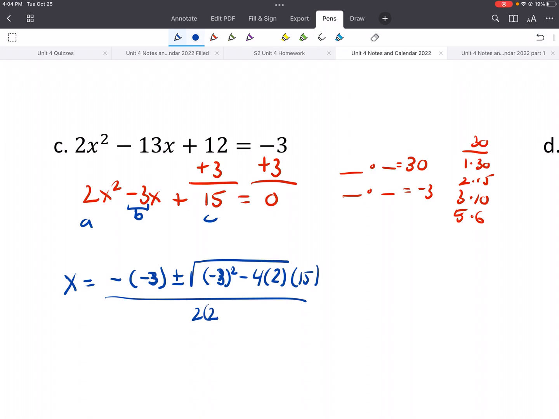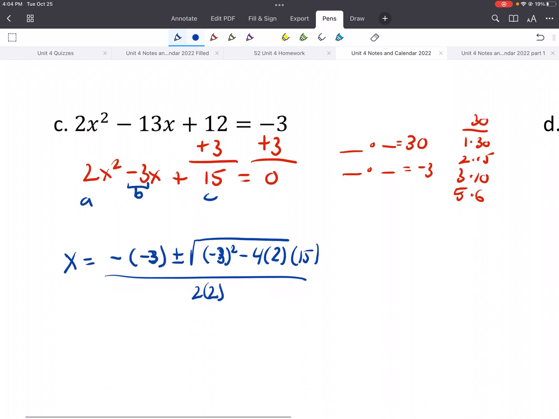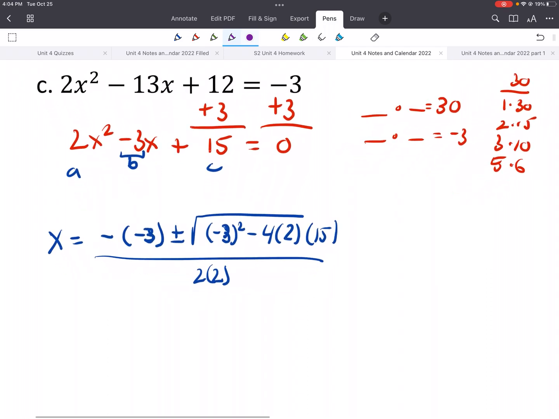A is 2. Okay, nice thing is if you think that it's not factorable and you use the quadratic formula, typically your answer will not be too bad. So that's kind of a nice thing. But here we'll see what we'll get.